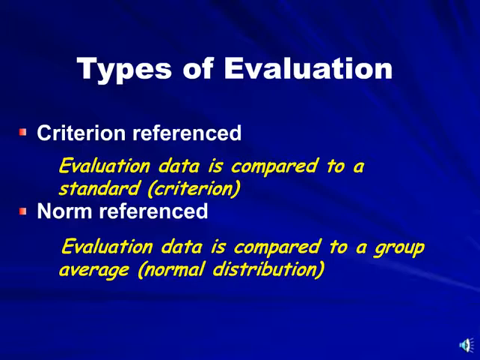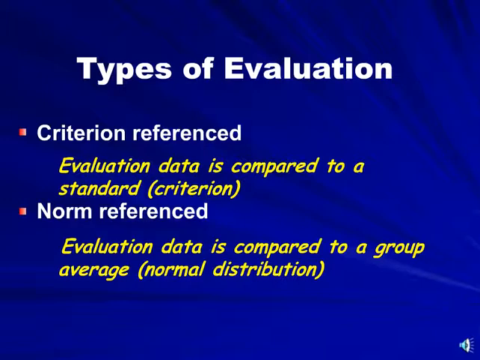Now with a norm-referenced evaluation, the opposite is true. What we're being compared to is the distribution of scores in a group. In other words, we're being compared to the average. And if our score is above the average, then we're considered to be above average, doing rather well, superior, whatever judgment term we want to apply to that.